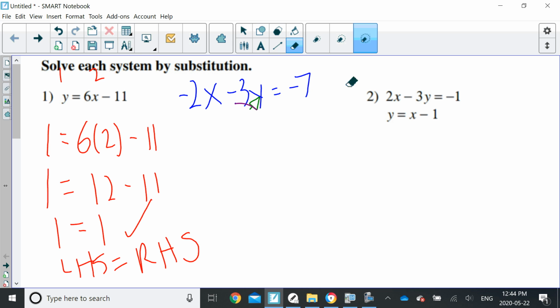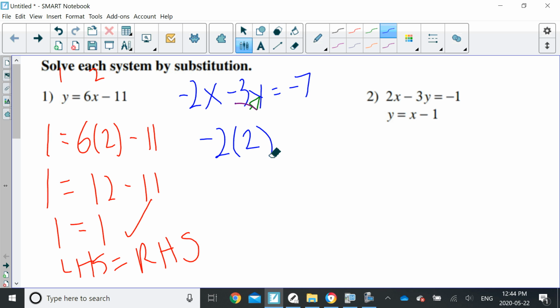Then we're going to go over here. Negative 2 times x. I'll do this in a different color. Negative 2, x was 2, minus 3. Y we got was 1. Remember y was 1? And I'm going to check, does that equal negative 7?